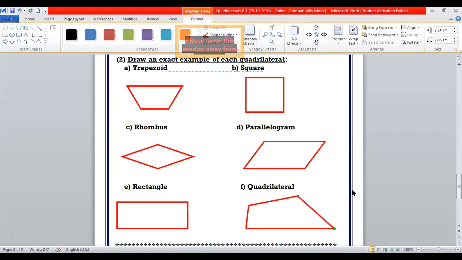For example, this figure. Any figure has four sides. Quadrilateral. Trapezoid, this one is a trapezoid. Square, rhombus, parallelogram, rectangle, and quadrilateral. Draw any figure that has four line segments.